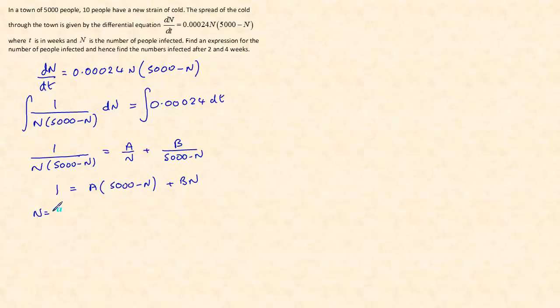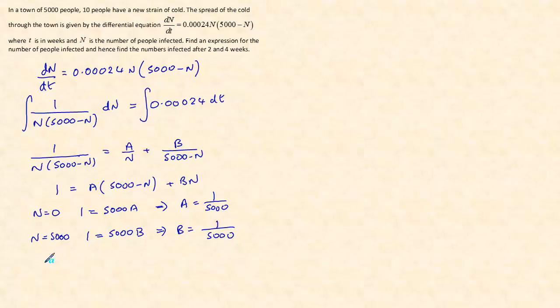So if n is equal to 0, 1 is equal to 5,000A, so that means that A is 1 over 5,000. If n equals 5,000, 1 equals 5,000B, and that means that B is also 1 over 5,000.